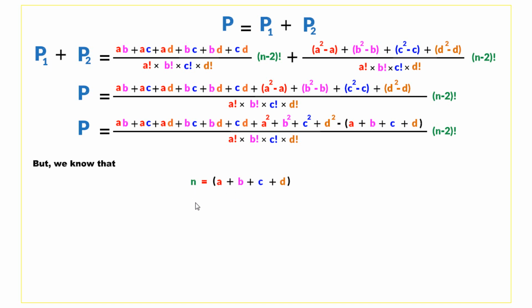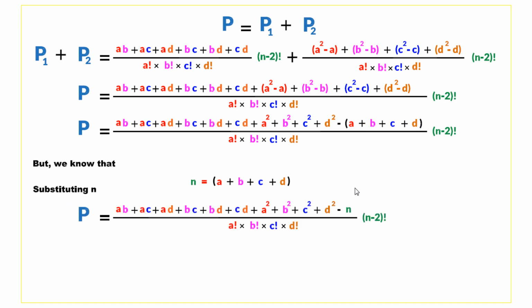So we replace that with n, and we get this formula here. Now we have to deal with the sum of these squares. So we start with the square of this sum here, and we expand it, and we notice that a plus b plus c plus d is n.